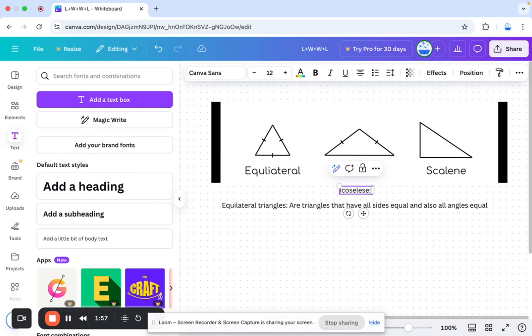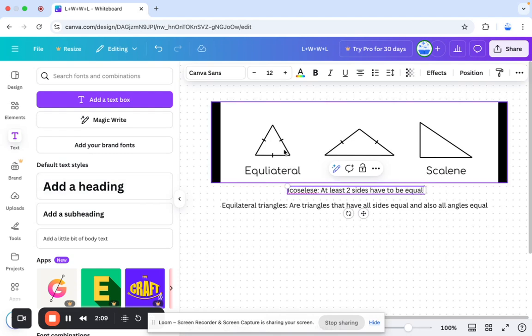So, in an isosceles, at least two sides have to be equal. So if we're saying that, then equilateral is also a kind of isosceles, because equilateral has three sides equal, and this at least has to have two sides equal.